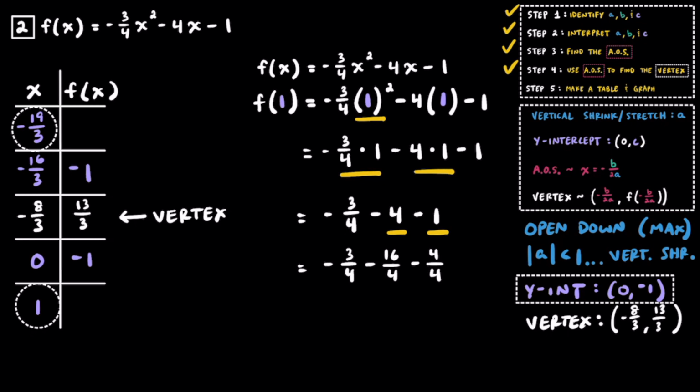After all that work, we should be able to find out that when x is equal to 1, y is going to equal negative 23 over 4. That's going to be our y value when x is equal to 1. Let's go ahead and write that in our table. Now that we have 5 ordered pairs we can use, let's go ahead and make our graph.